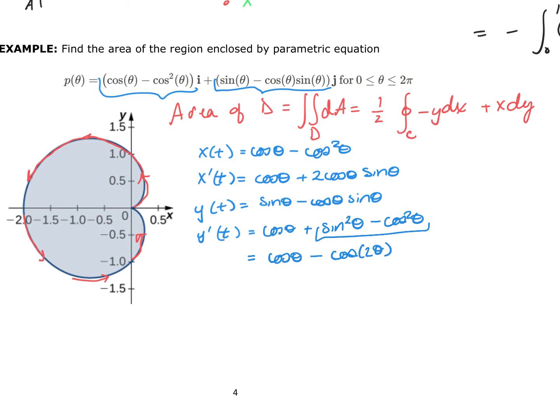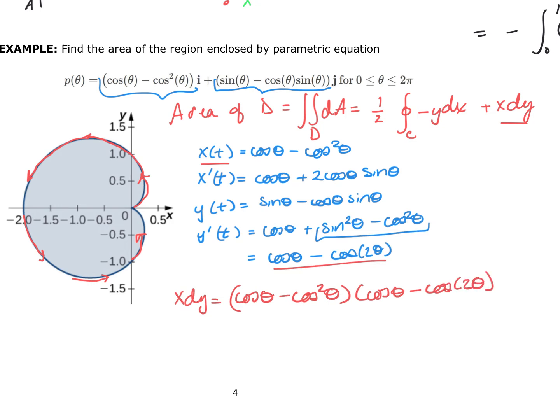Okay, so the first thing I'm going to do now is find my x dy. So x dy is going to equal this x, which is the cosine of theta minus the cosine squared of theta, multiplied by the y prime, which is the cosine of theta minus the cosine of 2 theta.